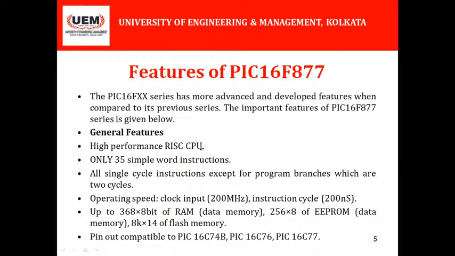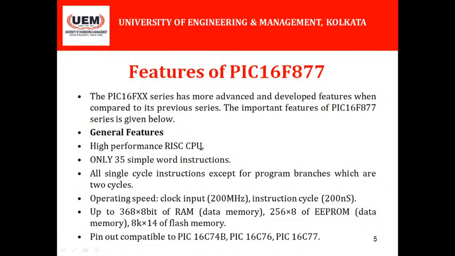Maximum time to complete an instruction. Up to 368 cross 8 bit of RAM data memory is available in this microcontroller. 368 means there are 368 locations in the data memory RAM. 8 bit means 8 bits of data can be stored in each memory location.